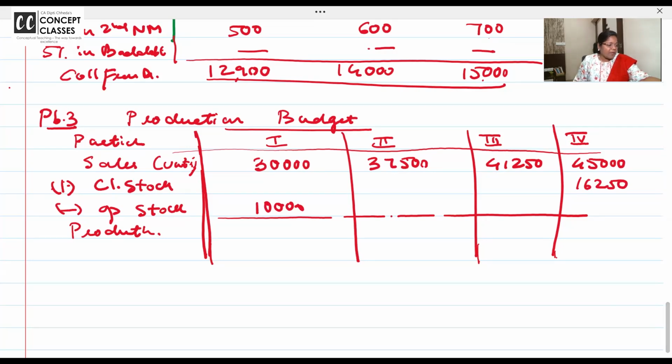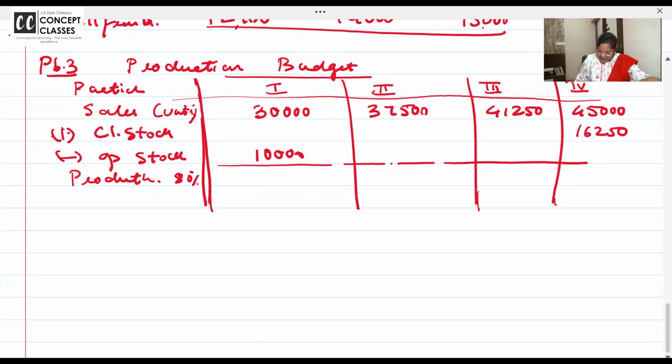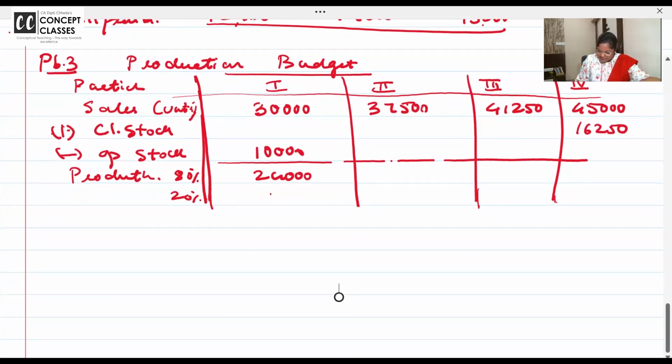Now, the production pattern is 80% of the sales, 80% of 30,000, 24,000, and 20% of the next month, 37,500 का 20%. इतना तो यहाँ रहेगा, 7,500. So what is the total production?